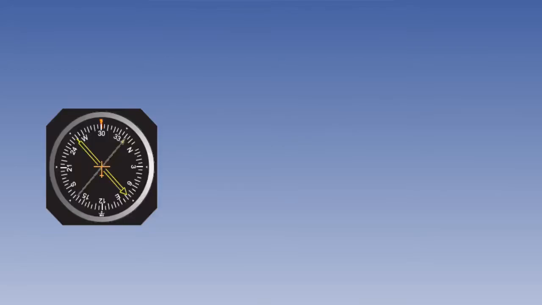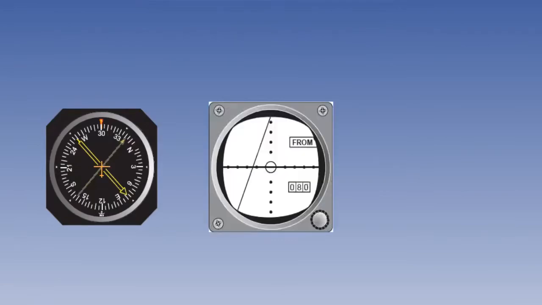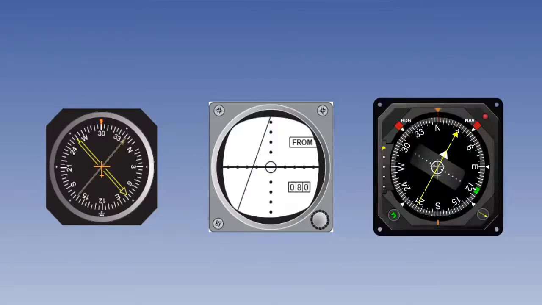Finally, we get to look at how to use the information from a VOR. This can be presented on one of three different instruments in the aircraft: the radio magnetic indicator, or RMI, the course deviation indicator, or CDI, also called the omni-bearing indicator, or OBI, and the horizontal situation indicator, or HSI.